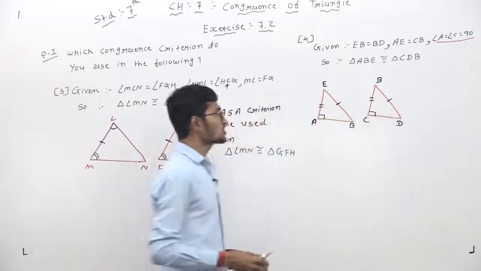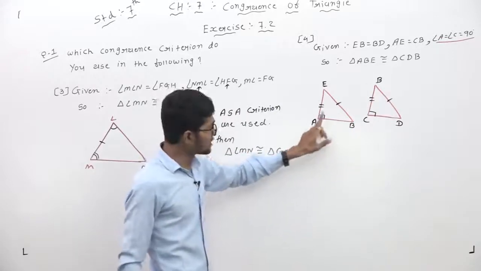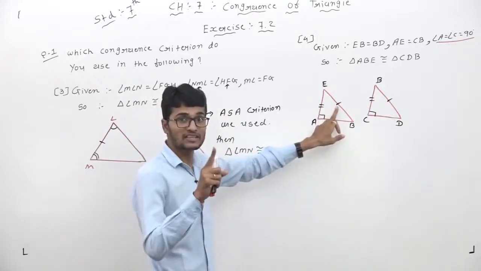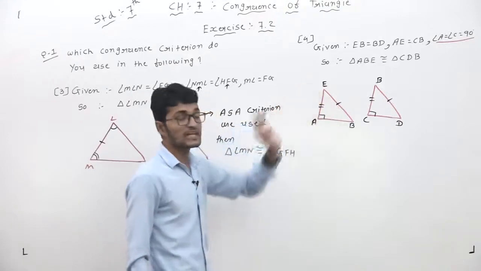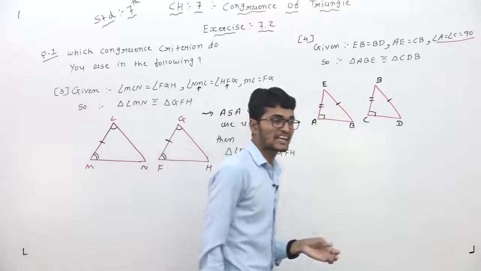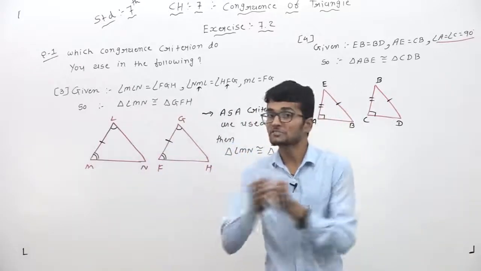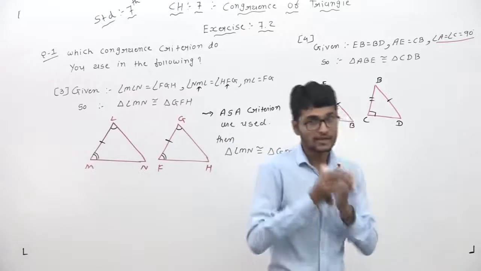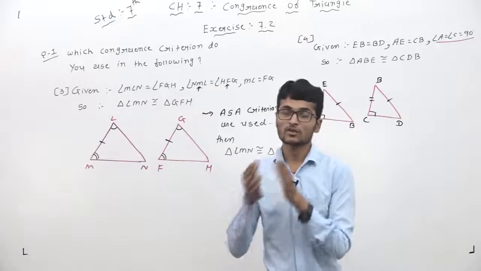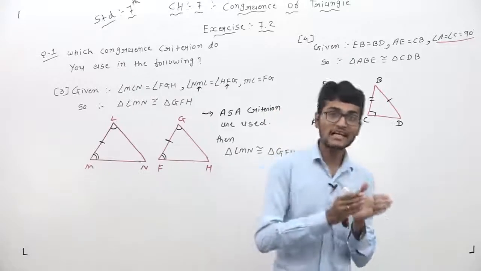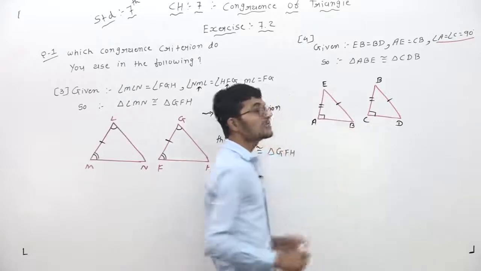So dear students, what is used in this question? First of all, the right angle. The side opposite to the right angle is the hypotenuse. So right angle, hypotenuse, and this one is the side. Which type of criteria is used? R for right angle, H for hypotenuse, and S means side. So RHS, right angle, hypotenuse, side criterion is used in this question.